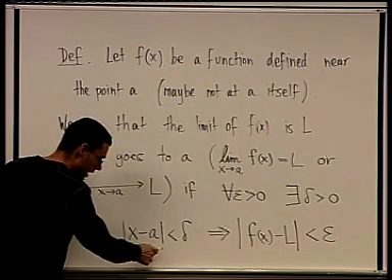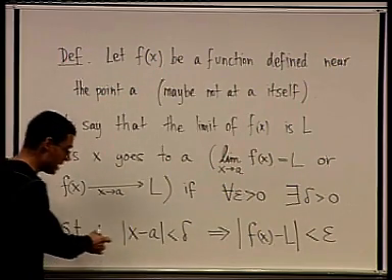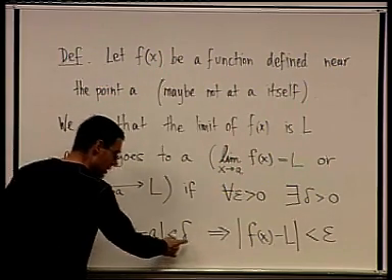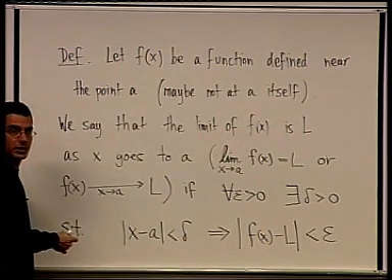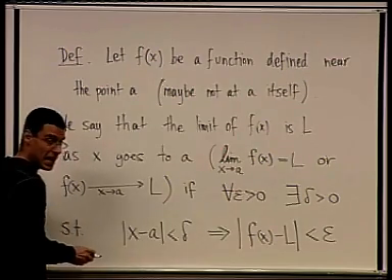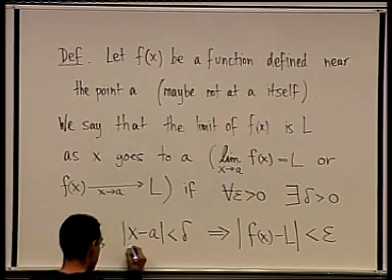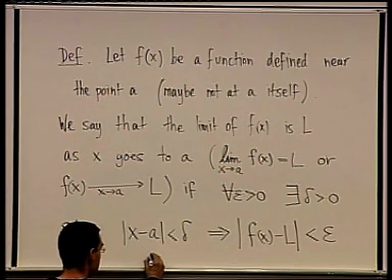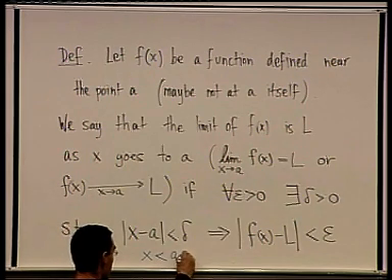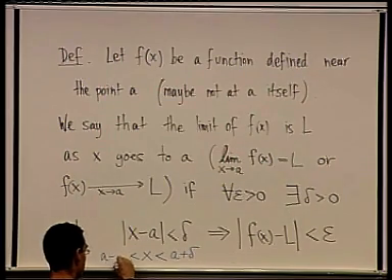Saying that something in absolute value is less than delta is the same as saying that this something is between delta and minus delta. Remember that? And that's the same as saying, if you add A to the inequality, x is between A plus delta and A minus delta.